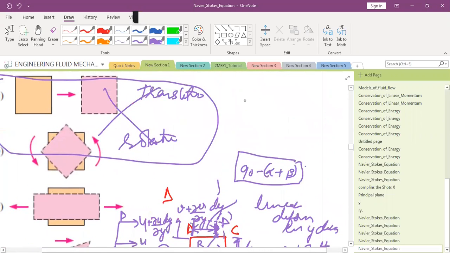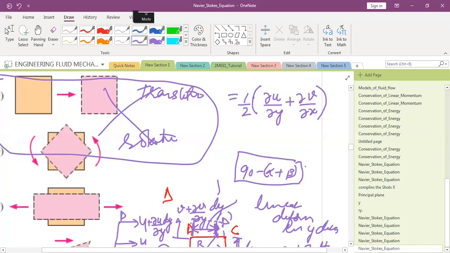So what I am getting is half of curly u by curly y plus curly v by curly x.